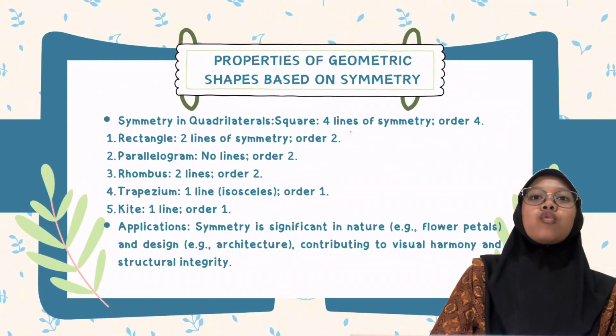Symmetry in quadrilaterals. Square: 4 lines of symmetry, rotational order 4. Rectangle: 2 lines of symmetry, rotational order 2. Parallelogram: no lines, rotational order 2. Rhombus: 2 lines, rotational order 2.